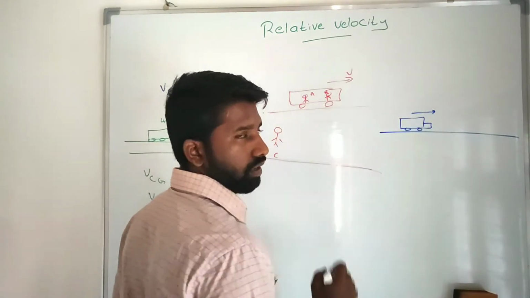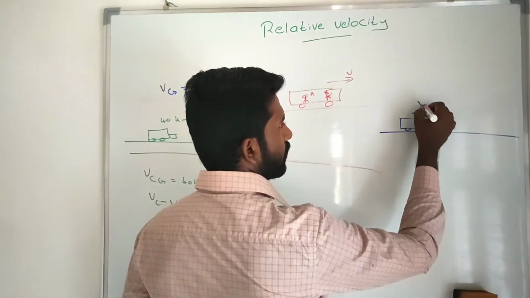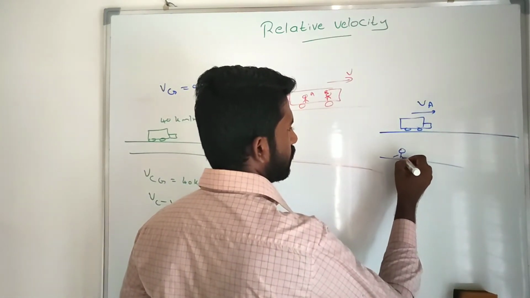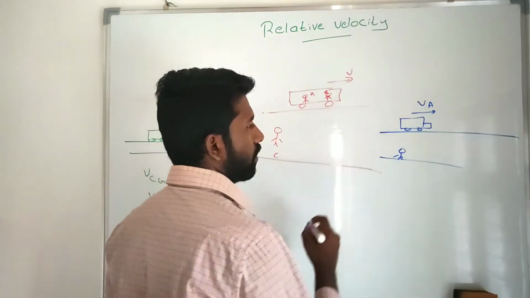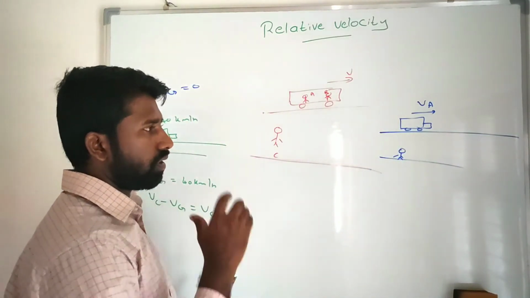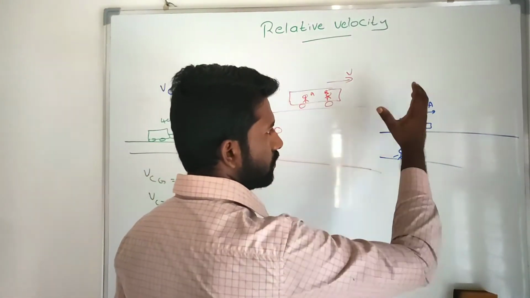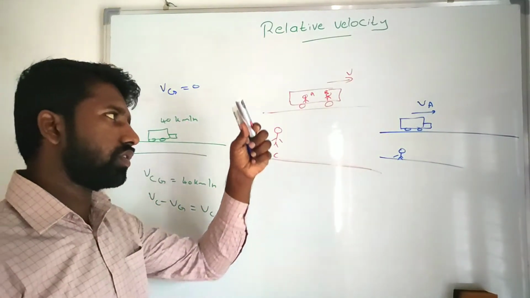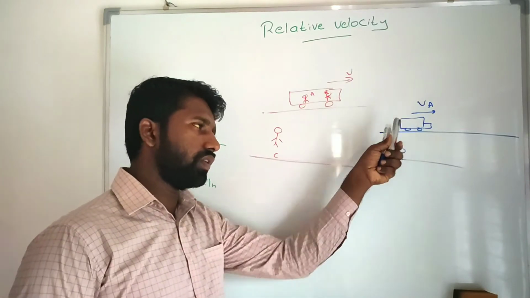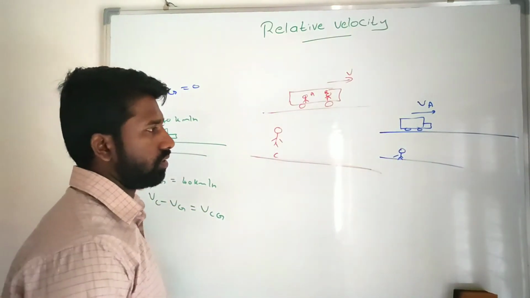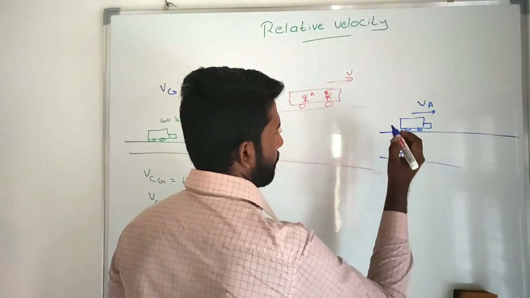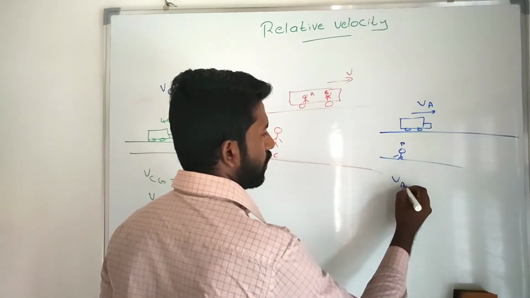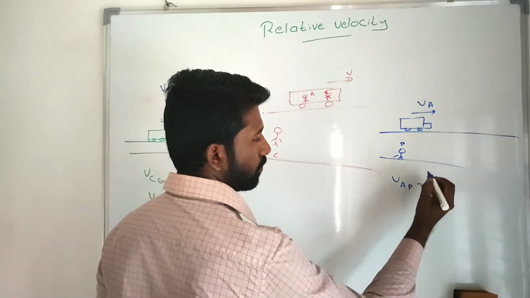A car A is moving with a velocity Va in this direction. A person is looking out. With what velocity does this A appear to the person? That is the relative velocity of A with respect to the person.